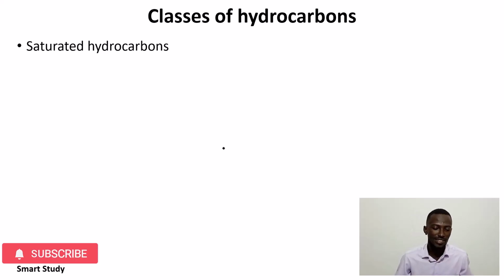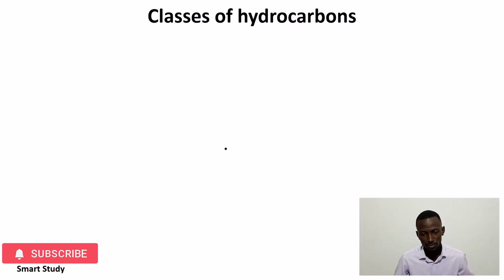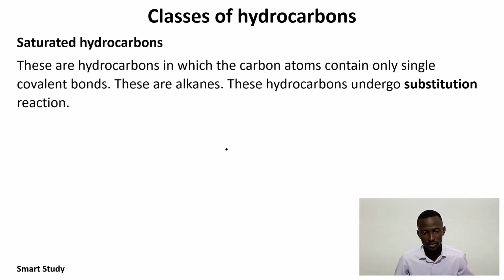And the first class is saturated hydrocarbons. So these four hydrocarbons we mentioned earlier can belong to either a saturated hydrocarbon or an unsaturated hydrocarbon. Saturated hydrocarbons are the hydrocarbons in which the carbon atoms contain only single covalent bonds.